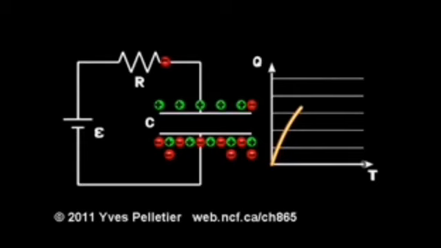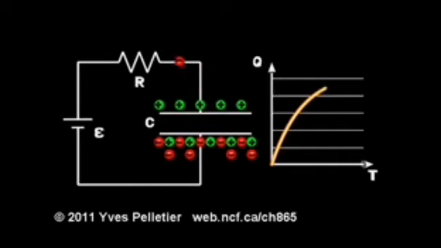If you observe the graph, you can notice that as time increases, the quantity of charge increases. The quantity of charge on the positive plate increases, and for sure the quantity of charge on the negative plate increases too, but with a negative sign. You can recognize that this graph corresponds to the charge in the upper plate, the positive plate, and not the lower plate.